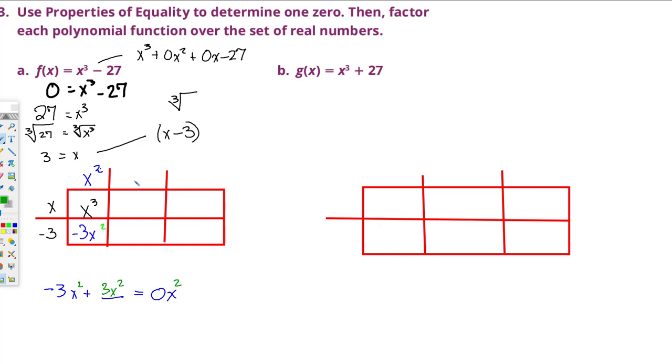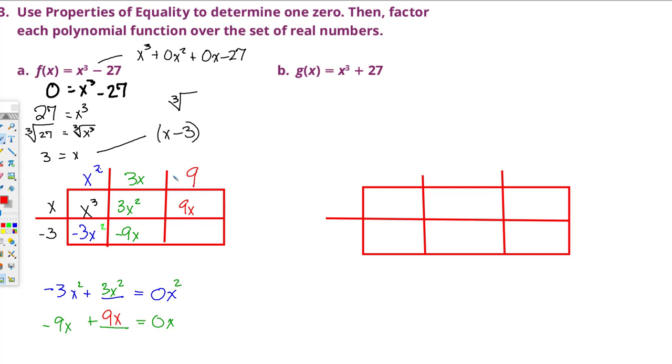So 3x squared. So divide going up. Multiply coming down. Negative 9x plus what is equal to 0x?